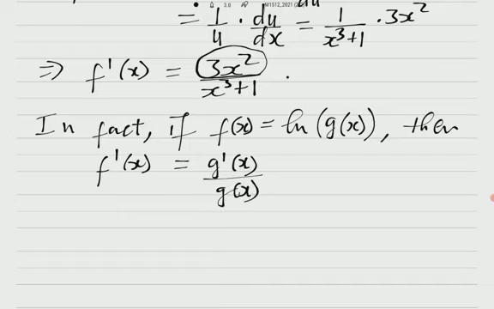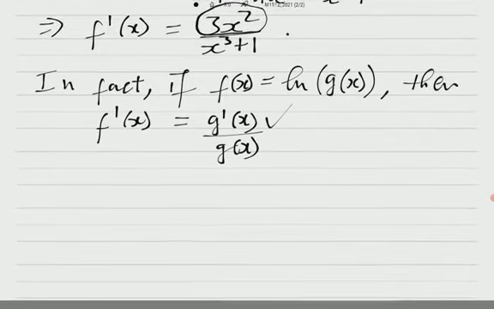So you can see that for x we're lucky because the derivative of x is already 1, so it looks like we just had 1 over x. Actually we had the derivative of x over x. So this is in a more general sense what you should have.